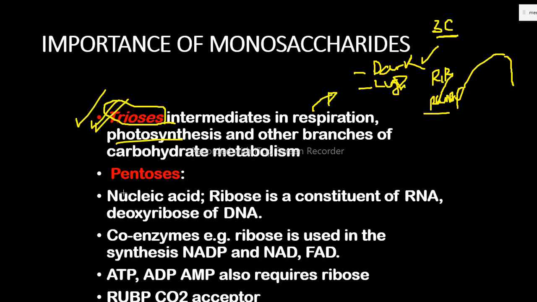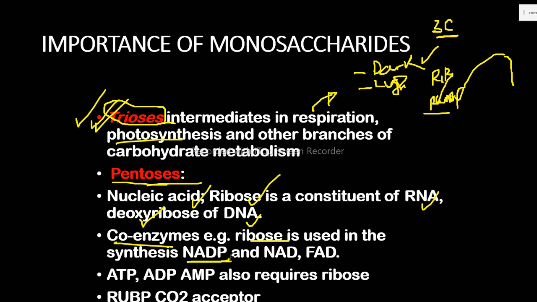Then the pentose sugars, you can find them in nucleic acids, that is ribose in RNA and deoxyribose in DNA. Then you can find them in coenzymes. For example, ribose, we shall find in NADP.